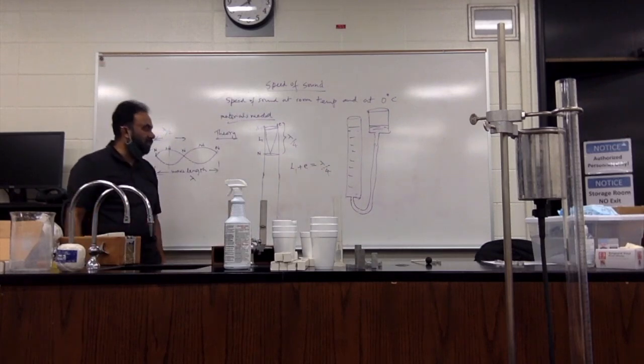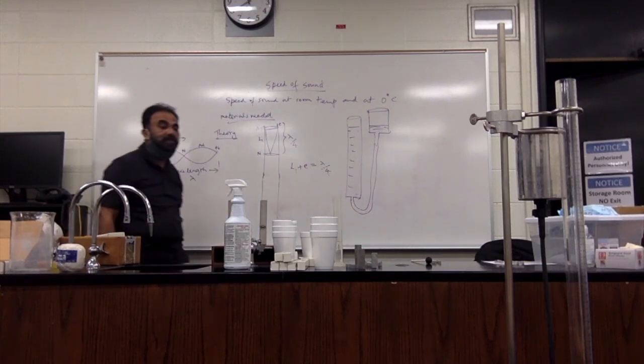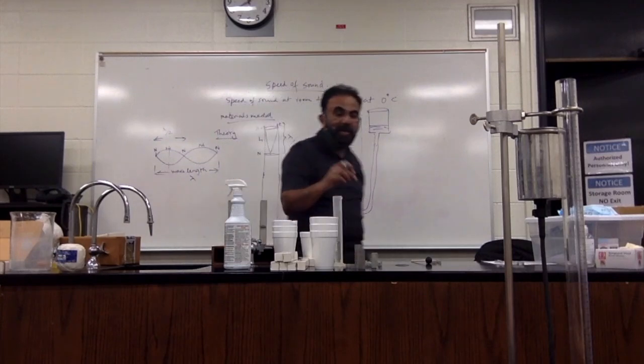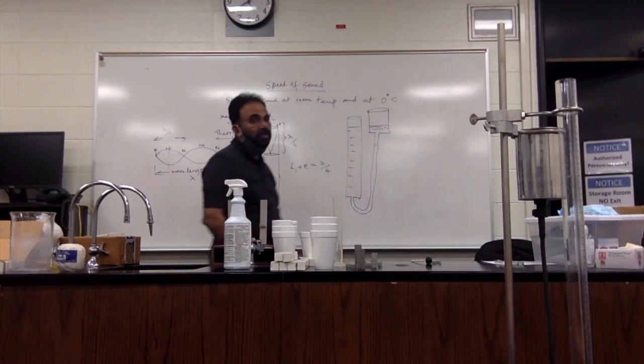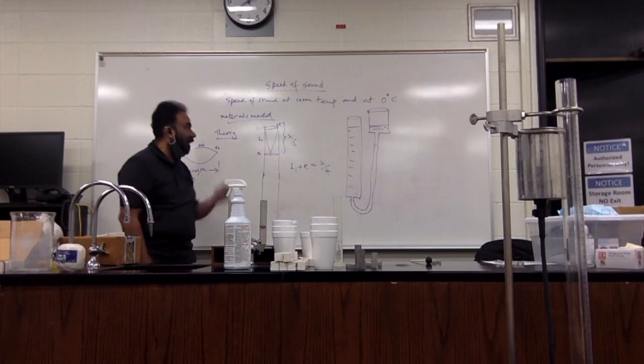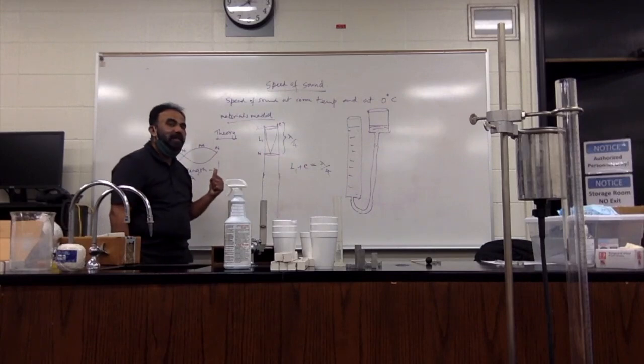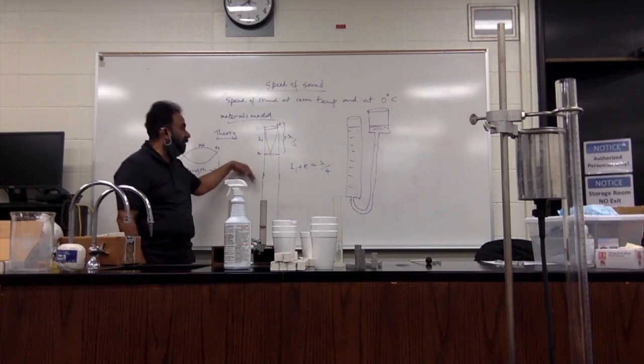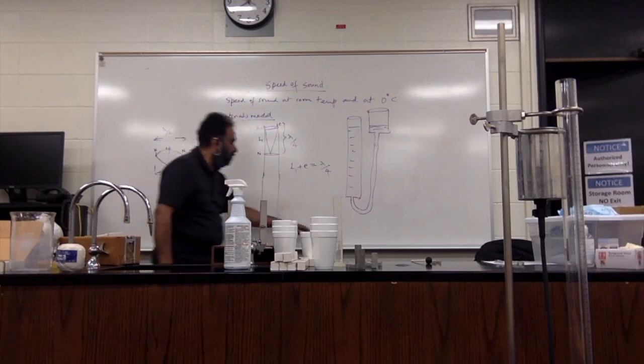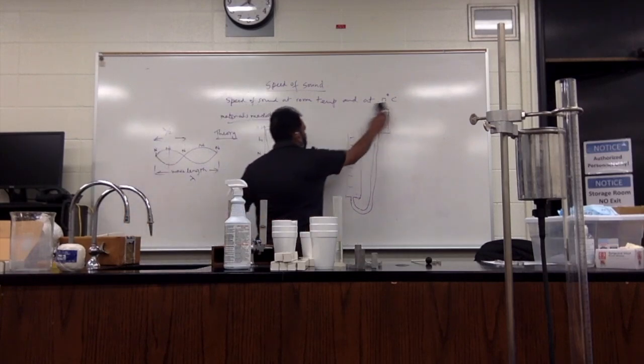Now, end correction is something that we have no idea of; of course, the end correction depends on the diameter of the tube. But since we don't have much idea of end correction, we will have to repeat this experiment one more time to get the third resonance. So, I'll remove this.